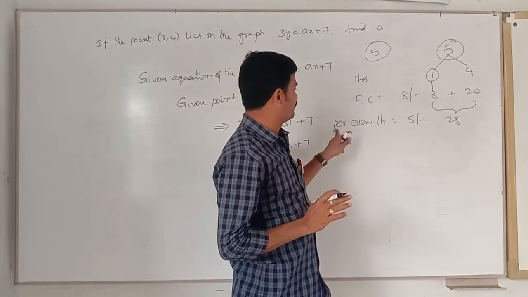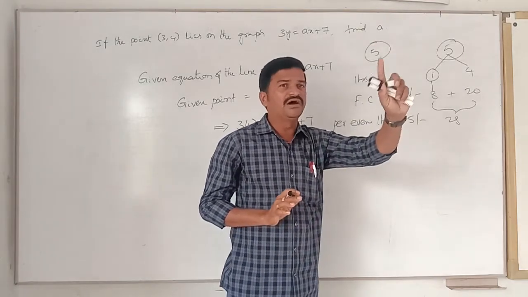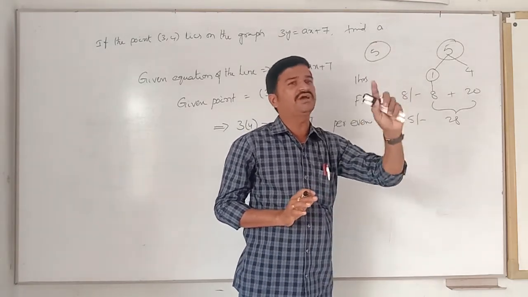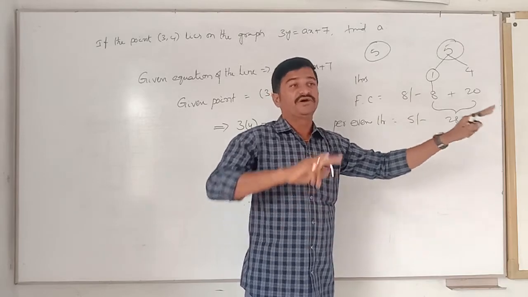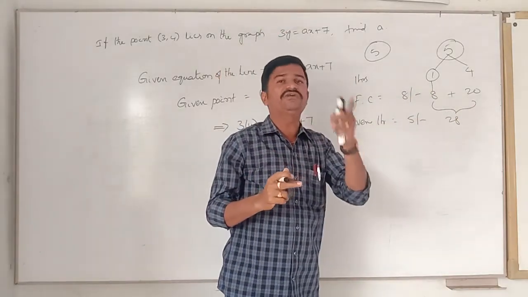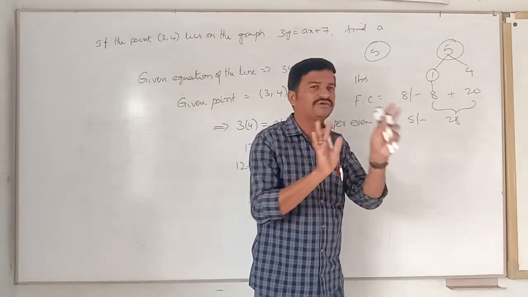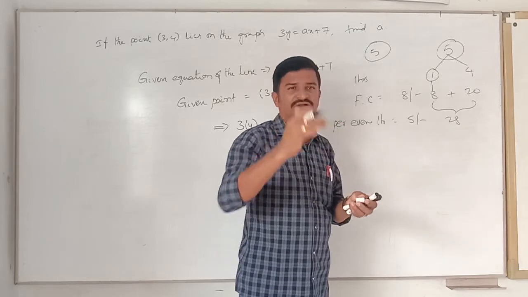It is not 5 times 8 is 40. For the first hour, we have to pay 8 rupees. For the next subsequent hours, we have to pay 5 rupees per hour. But in this situation, it is not in terms of hours. Travel is given in terms of kilometers.